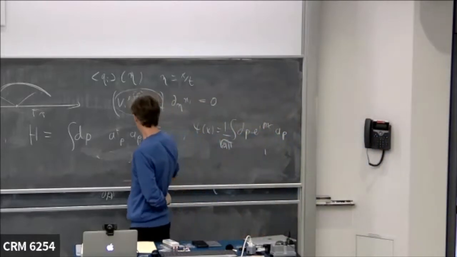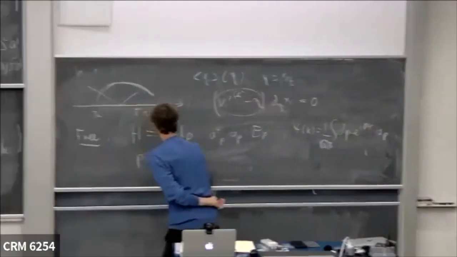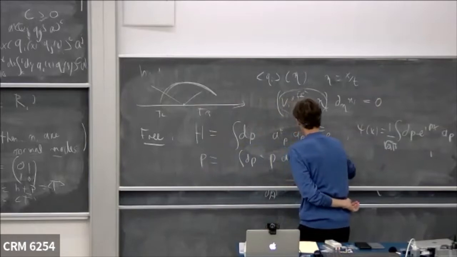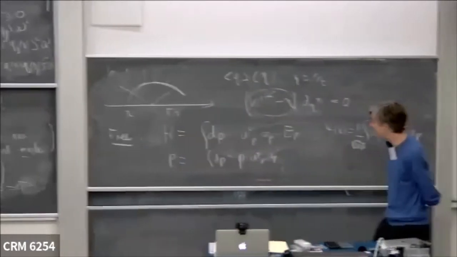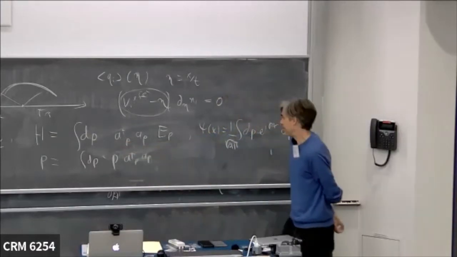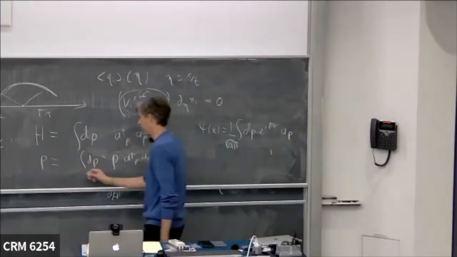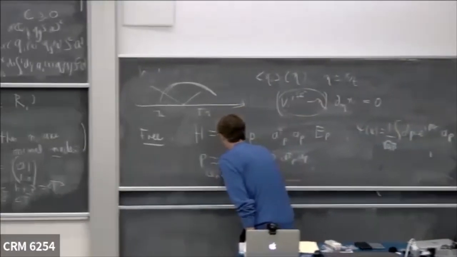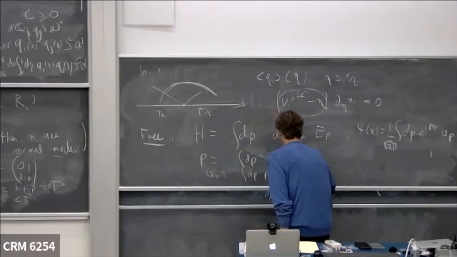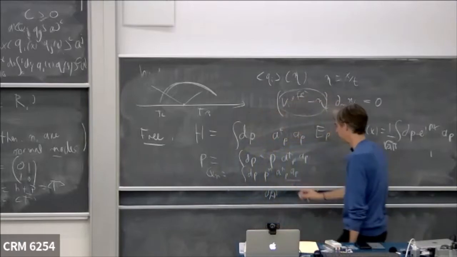And of course, this is a conserved quantity. The momentum is also a conserved quantity, just the integral of dp, p, a dagger p, a p. The number of particles too. Any power of momentum there is going to be a conserved quantity. All these powers of momentum, like Q_n, the integral dp, p to the n, a dagger p, a p, are conserved quantities for any p to the n.